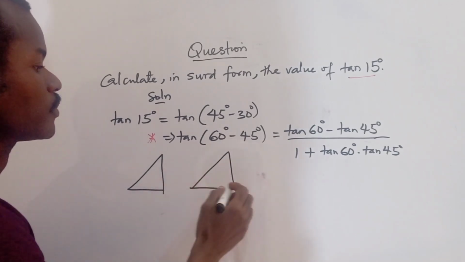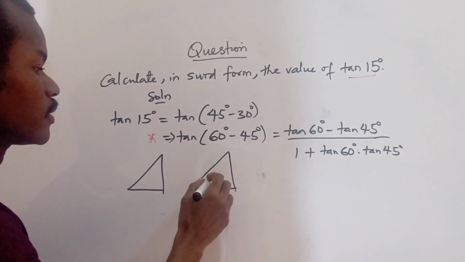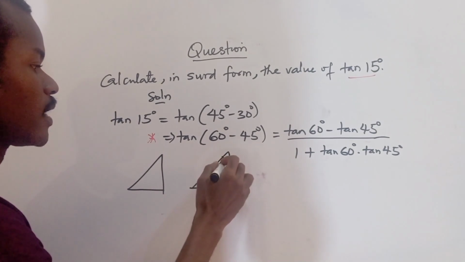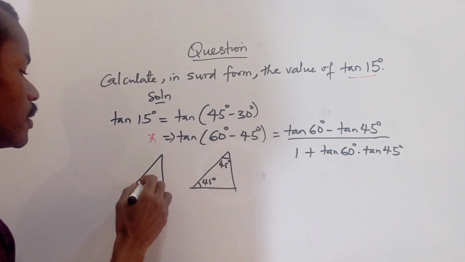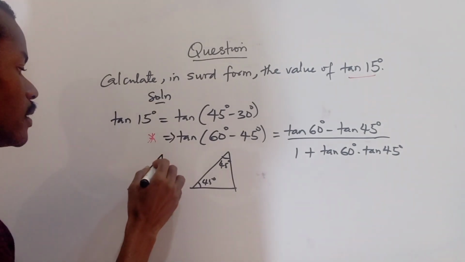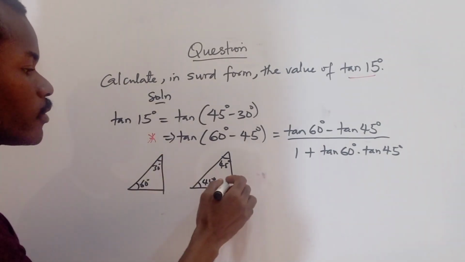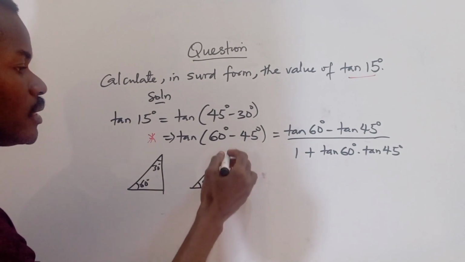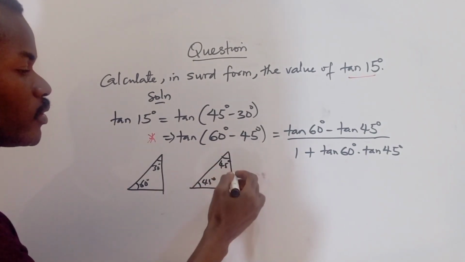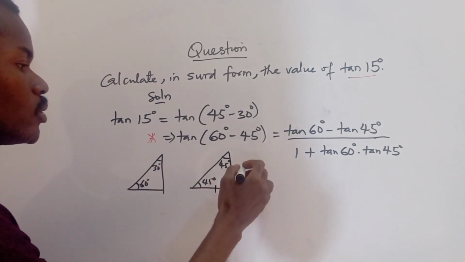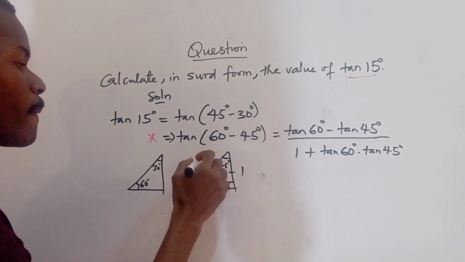Now the next thing is we want to use our triangles to bring out the values. So if this is 45 degrees, this is 45 degrees, this is 60 degrees, this is 30 degrees. For the 45 degrees, this side is 1, this is 1.